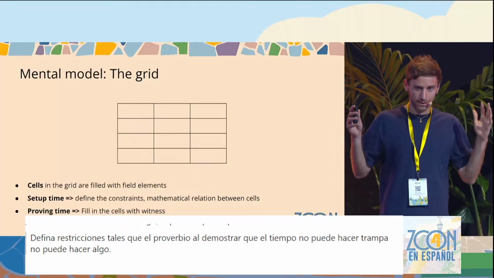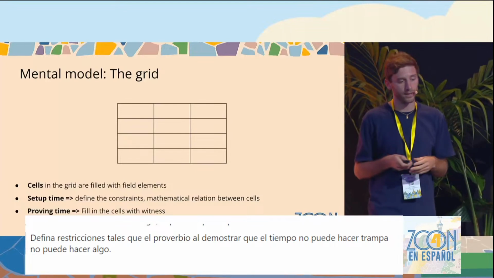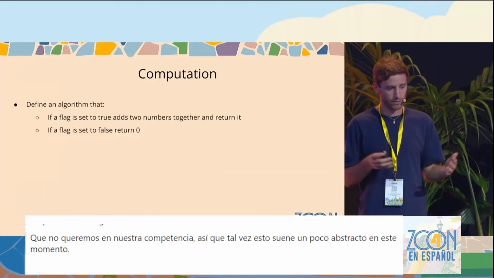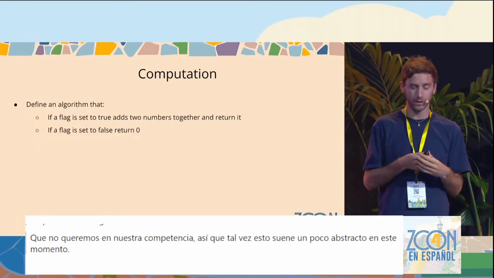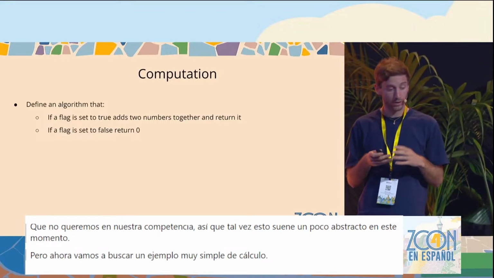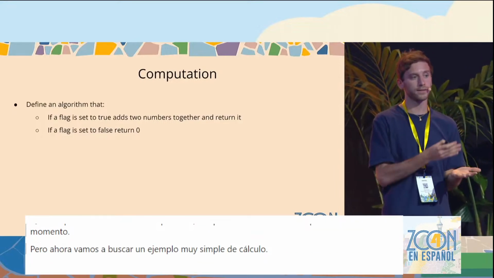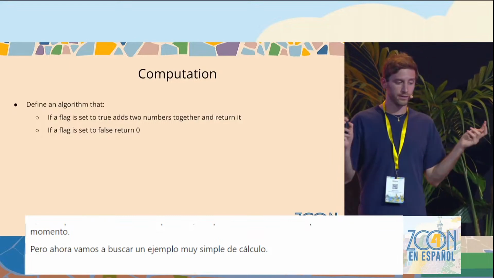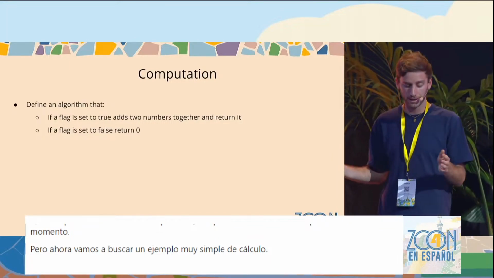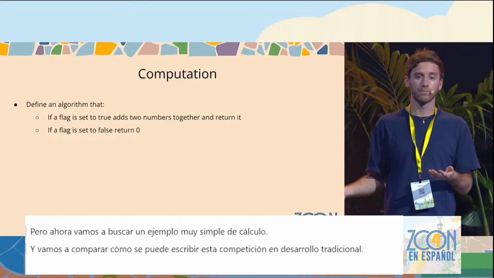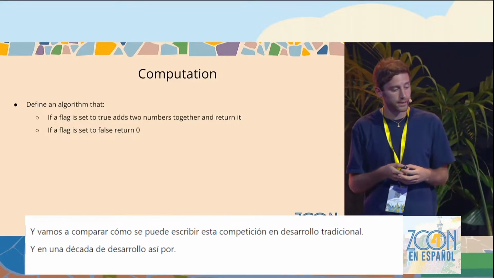This might sound a bit abstract right now, but we're going to go through a very simple example of a computation, and compare how you can write this computation in traditional development and in ZK development, by setting constraints. The algorithm is very simple.